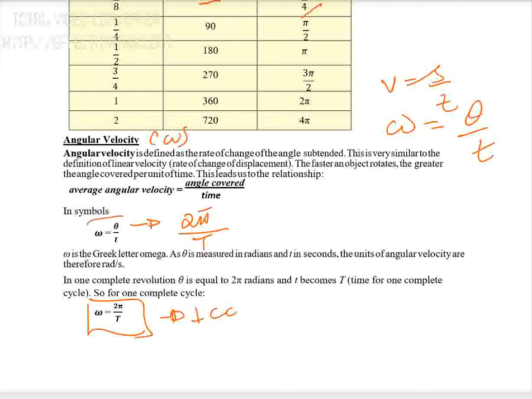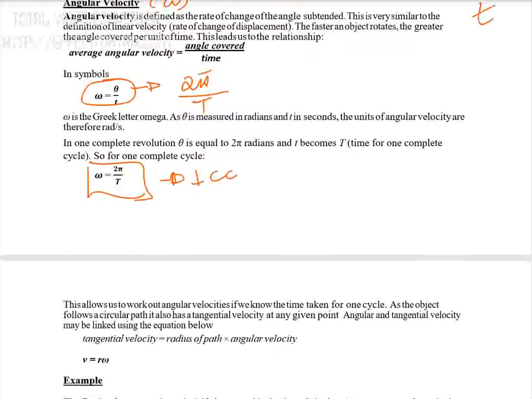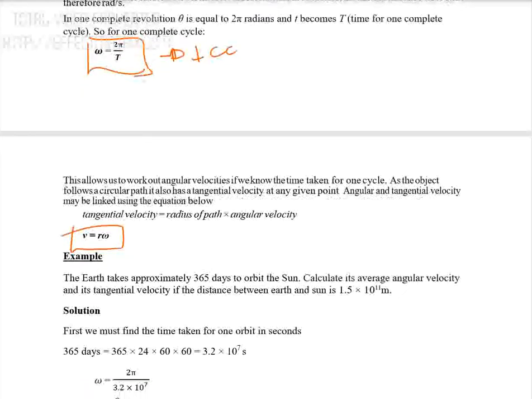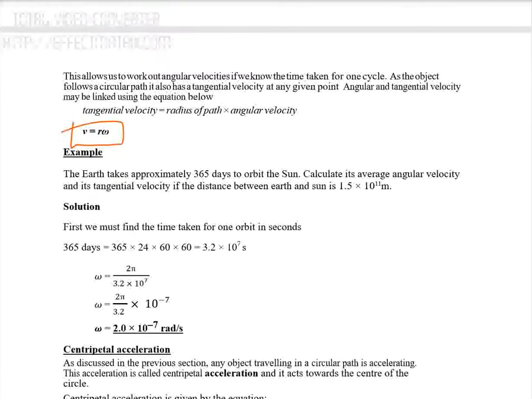But if it is not one complete cycle, you must use the previous equation to determine the angular velocity. The other thing is that angular velocity and linear velocity have their own relation. This relation is that tangential velocity or linear velocity is equivalent to radius times angular velocity. Let us see one example.